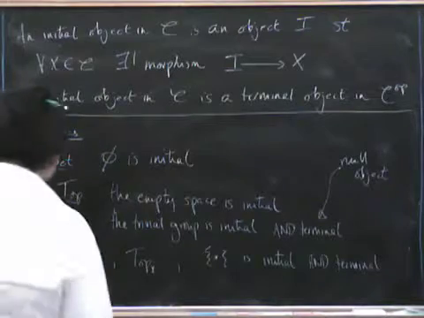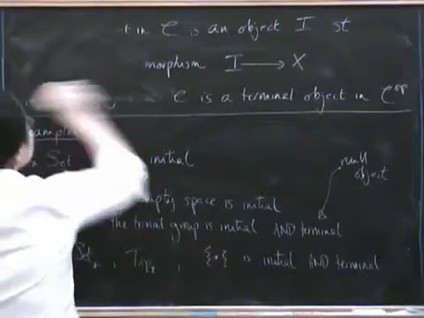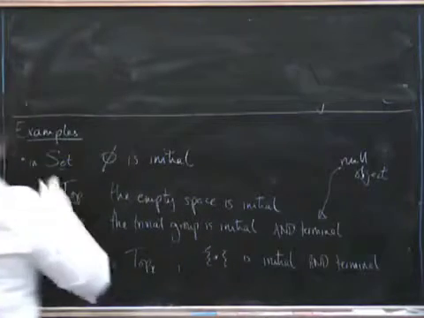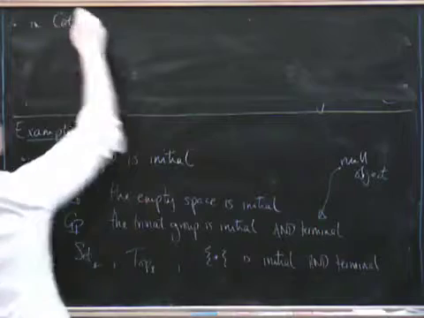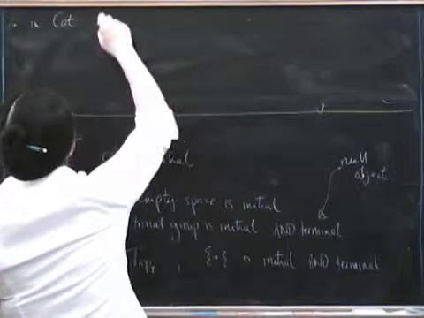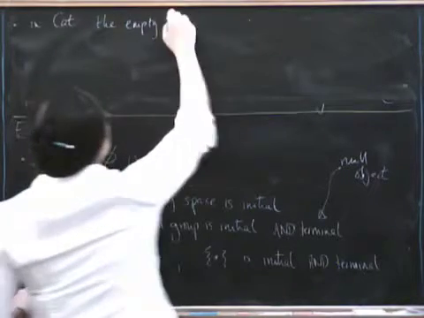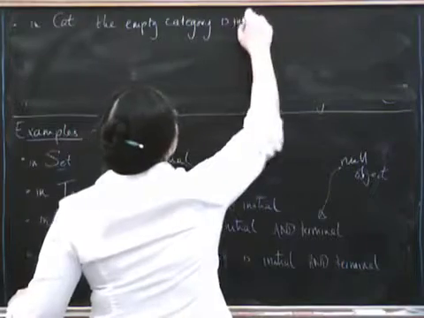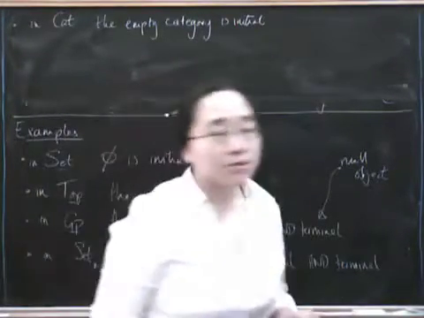So that's quite interesting. Another example that I didn't talk about last time is the example of categories themselves. We have terminal category and initial category. Another example is in Cat. We have the empty category, which is initial, for a very similar argument to the one that says that the empty set is initial.